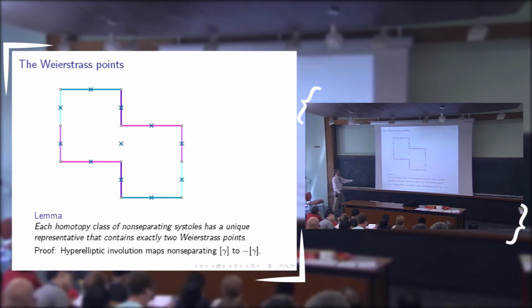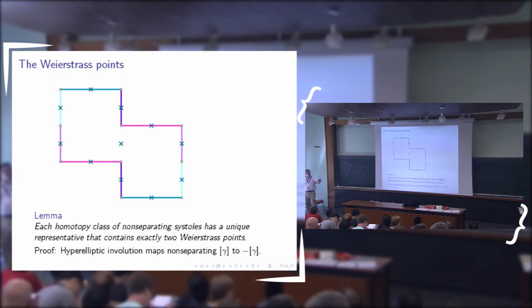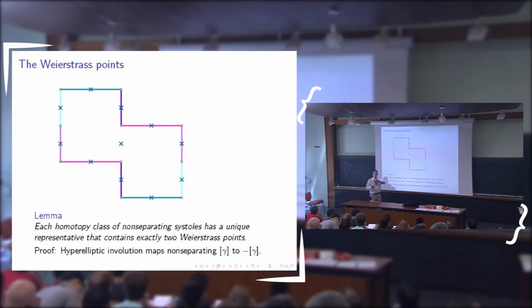So the basic lemma is about each homotopy class of non-separating systoles. We're going to break up into non-separating and separating. Each non-separating class has a unique representative that contains exactly 2 Weierstrass points. The proof is basically we have the hyperelliptic involution. All our systoles are necessarily simple closed curves, and the involution maps the homotopy class to a simple closed curve, but it reverses the orientation.